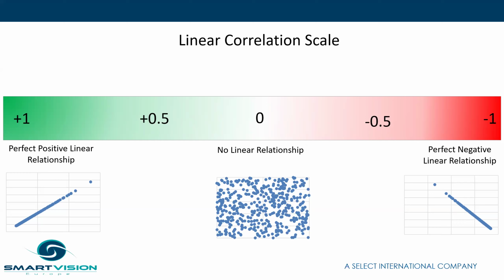It's a linear scale where the closer it is to either of those extremes, +1 or -1, the stronger the linear relationship is, the more perfect it is, and the closer it is to 0, the more random the relationship is, and the less linear a relationship there is between the two.